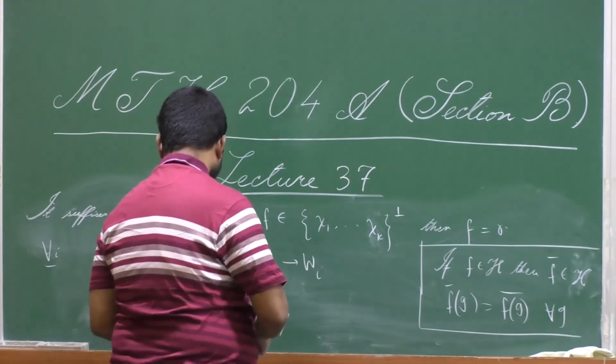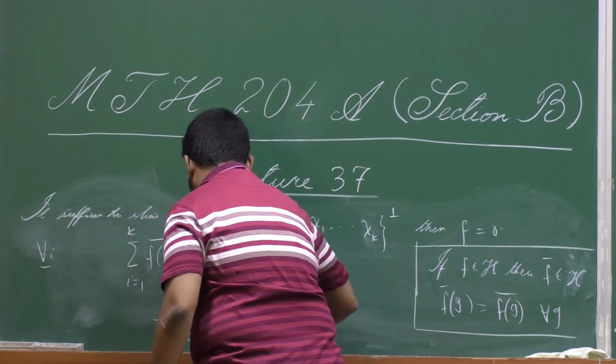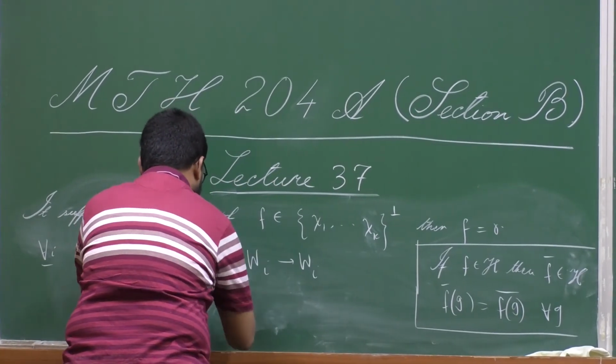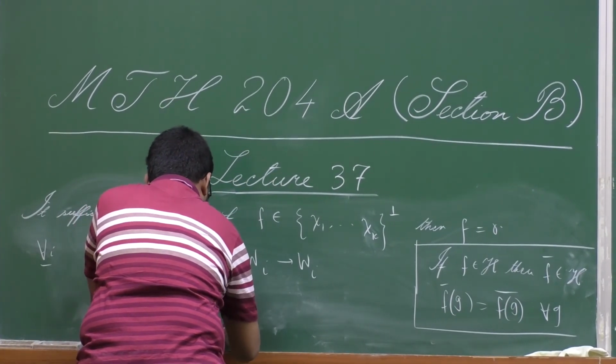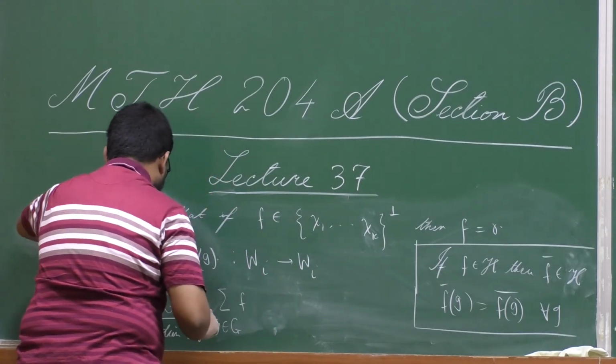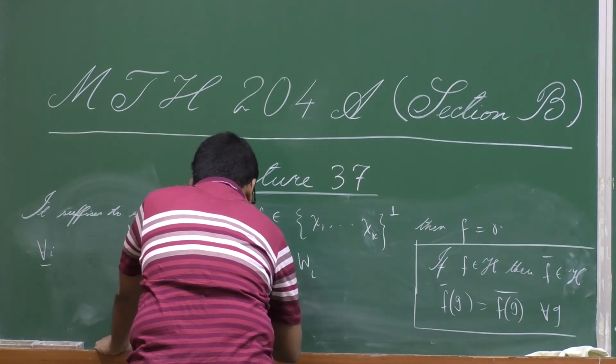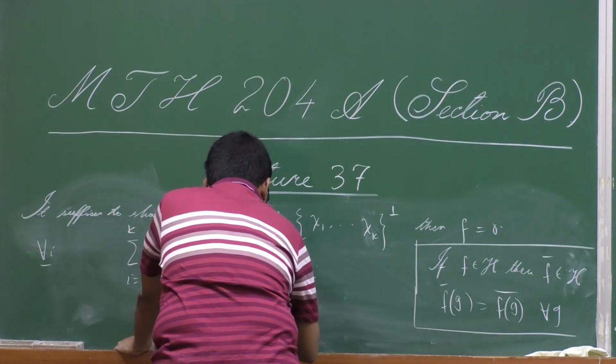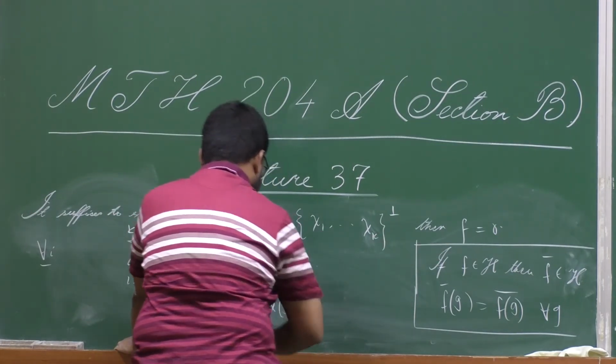Let me directly write down the quantity, and that will be clear. If I start with F, this quantity would be Fg.